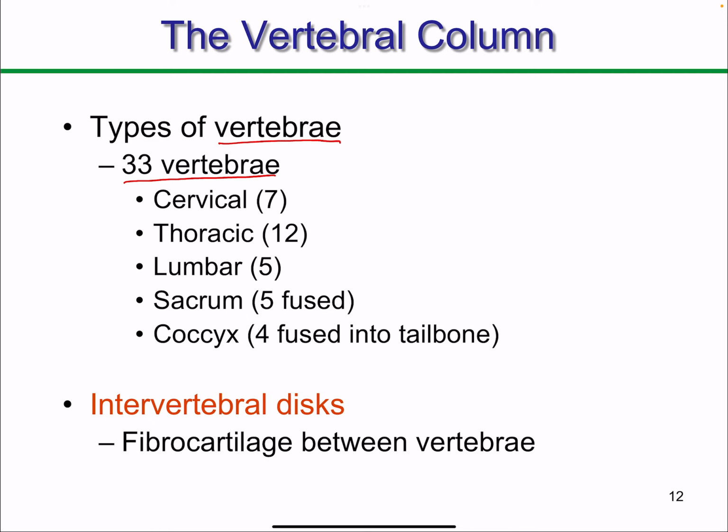You're going to have the cervical vertebrae, 7 of them, that make up the neck. You're going to have the thoracic vertebrae. You have 12 of them. They make up your chest. You're going to have the lumbar vertebrae. You have 5 of them. These are making up the lower back.